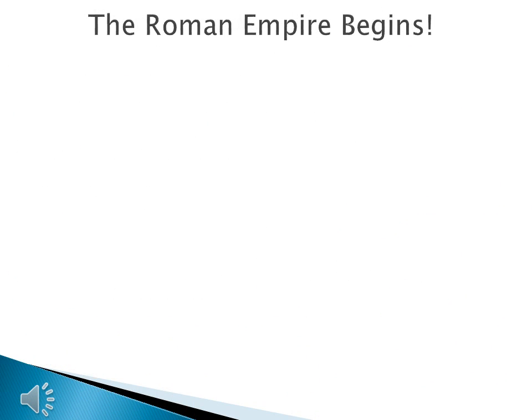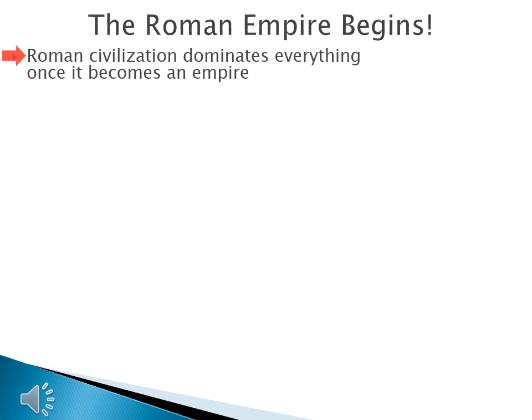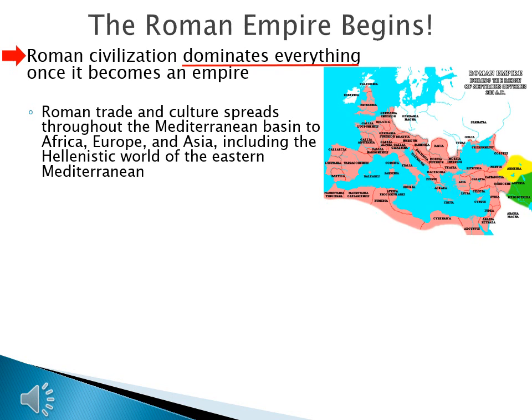Roman civilization has moved from a republic, which is run by the people, to an empire, which is going to be run by an emperor. And Roman civilization dominates everything once it becomes an empire. Roman trade and culture spreads throughout the Mediterranean basin to Africa, Europe, and Asia, including the Hellenistic world of the Eastern Mediterranean.